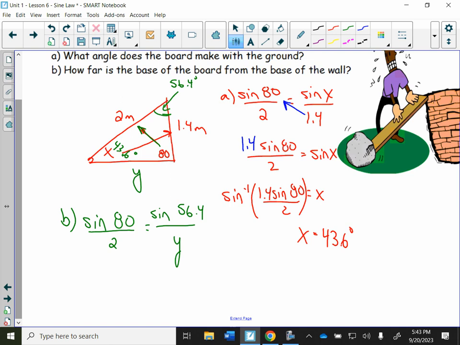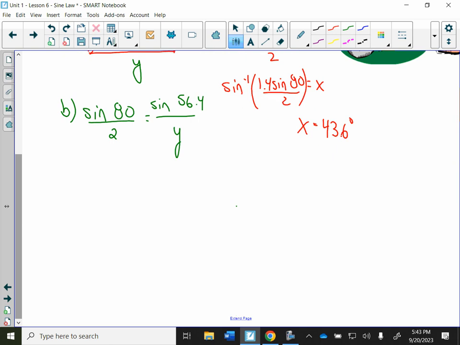Okay, question is inverse or cross multiply. Well, it's a side, so we're cross multiplying. So we're going to do y times the sine of 80 equals 2 times the sine of 56.4, just cross multiplied. I didn't get y by itself, but I can do that real quick by dividing by sine 80.